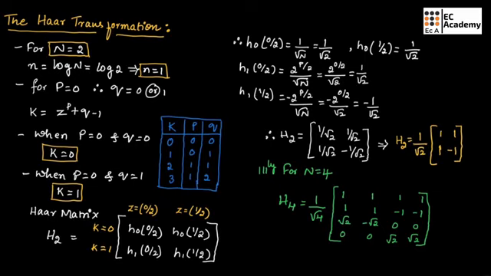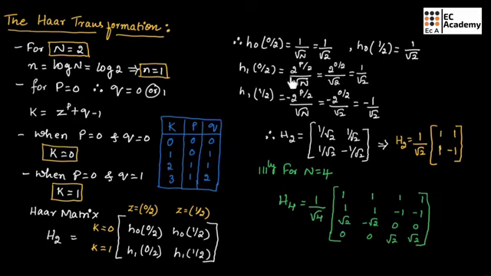Now we need to find the values of these terms. h0(0/2) will have the same value as h0(1/2), that is equal to 1 by root N, that is equal to 1 by root 2. So h0(0/2) will be equal to 1 by root 2, and h0(1/2) will also be equal to 1 by root 2.